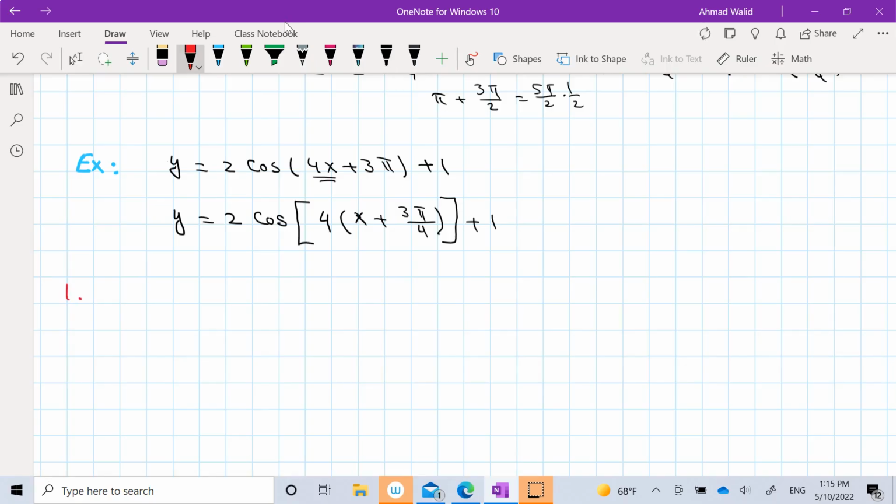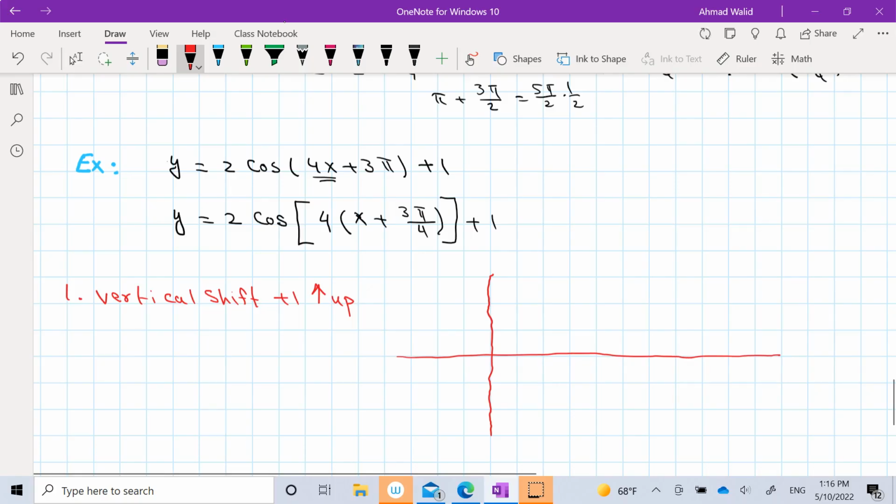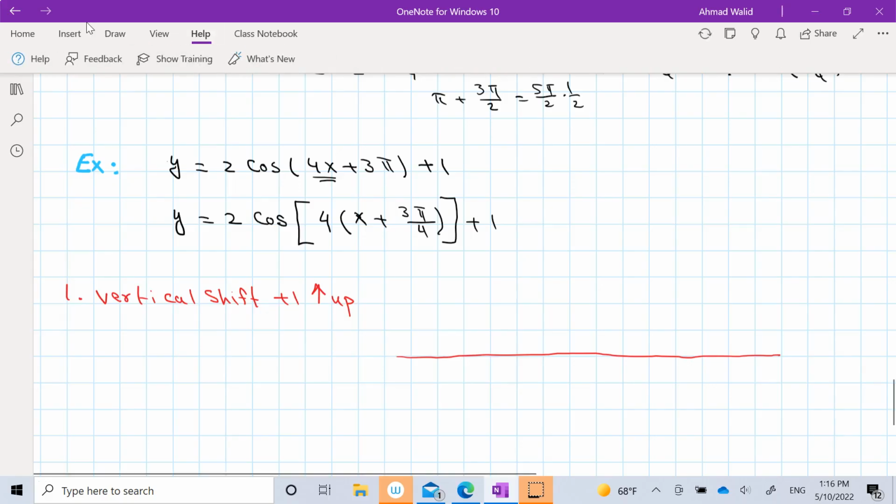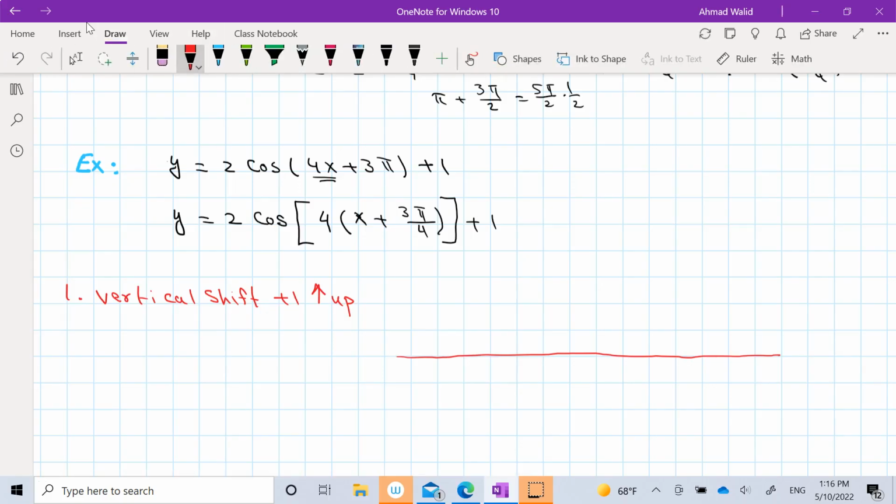Step number 1, vertical shift. I have here a vertical shift, as you see. Up 1, right? Start slowly graphing. Put everything together. Actually, I have to move this line here.